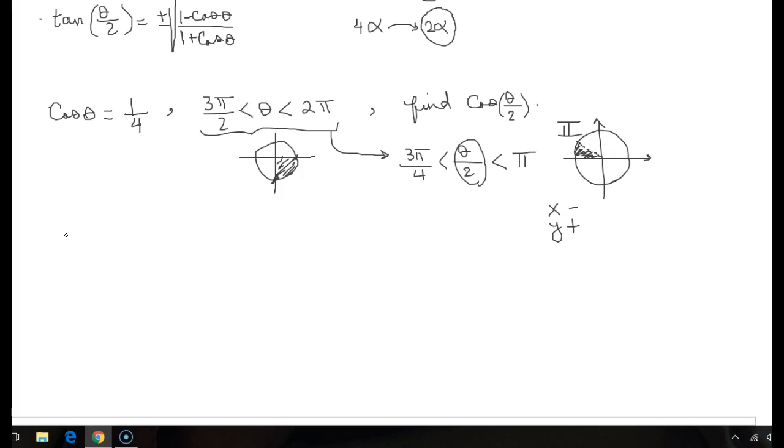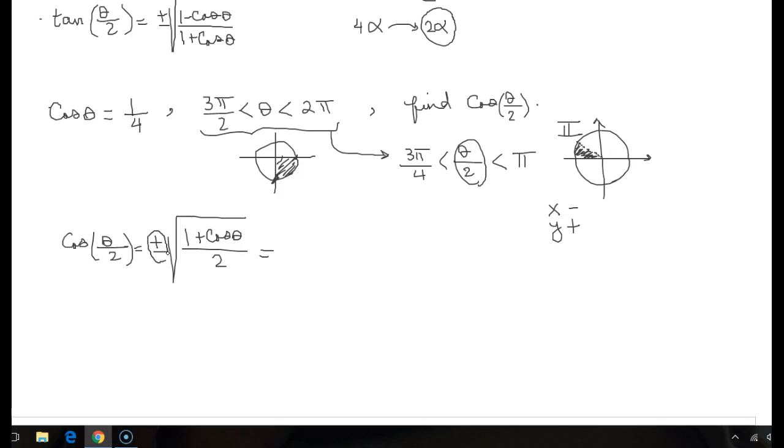Okay, now that the question is about cosine of theta over 2, and I know that formula is positive, negative, square root of 1 plus cosine of theta over 2. Well, cosine of theta is given to us, it's 1/4. The decision is about, is it positive or negative that I should take? Be very, very careful.